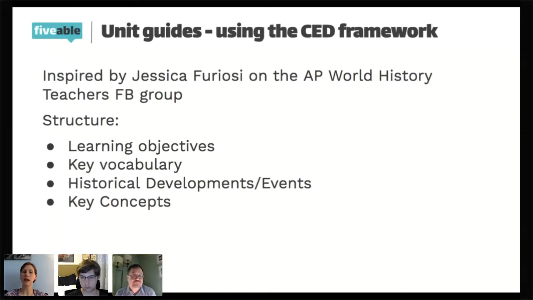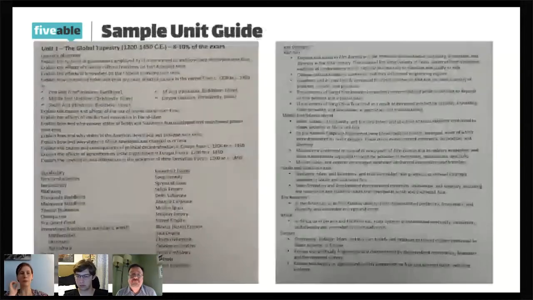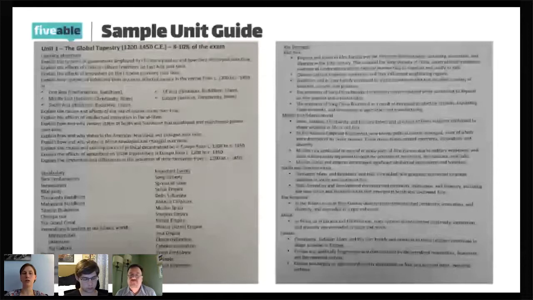So. Yeah, absolutely. Here's an example from the unit guides that I've been pulling together out of Unit 1, that global tapestry. And like I mentioned earlier, I felt really challenged in a positive way to do a better job with South Asia and with Southeast Asia.